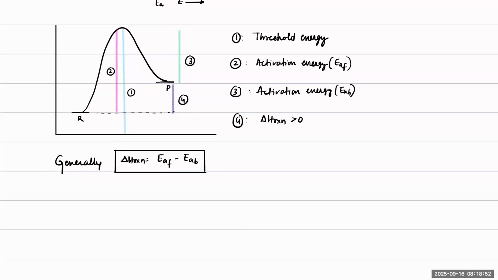And delta H of the reaction is nothing but this product's energy minus reactant energy. Or because it is supposed to be positive, I can write it as product minus reactant, delta H, clear? Delta H of reaction can also be written in terms of minus of, because it has to be positive value, minus of EA backward minus EA forward.